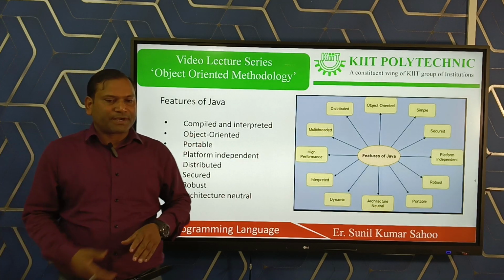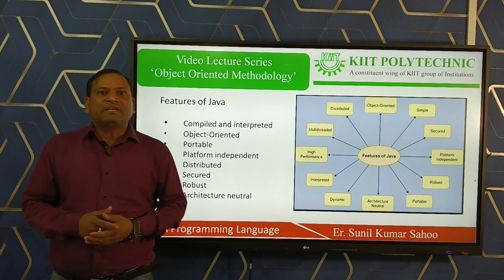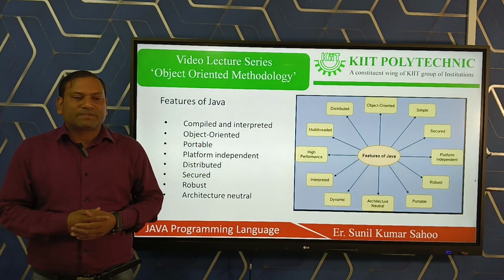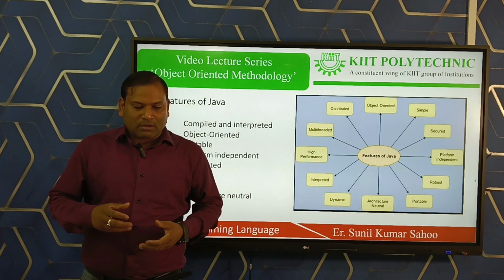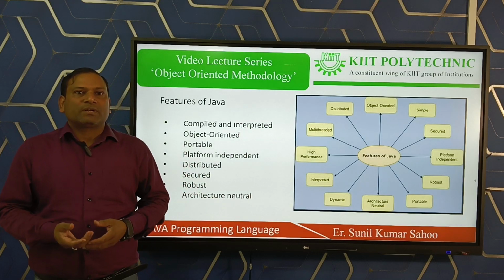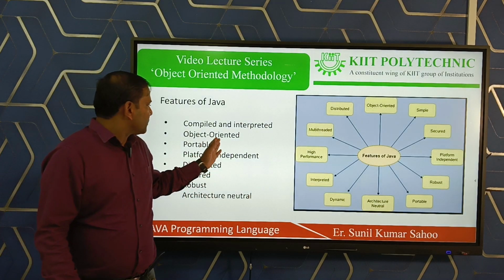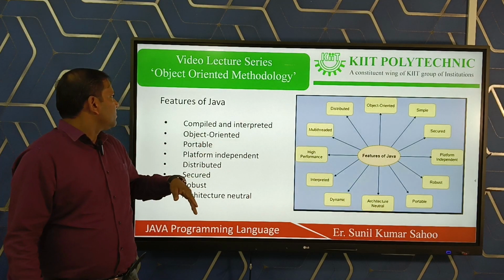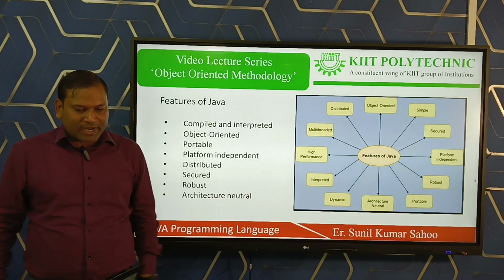Next one is object oriented. In Java, everything is an object. Without any object, the code of the class cannot be executed. That's why it is known as an object oriented feature of the Java language. Portable.